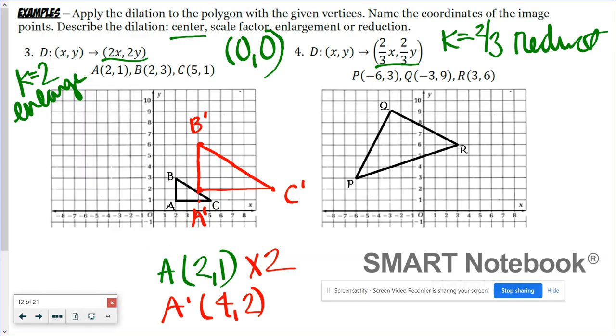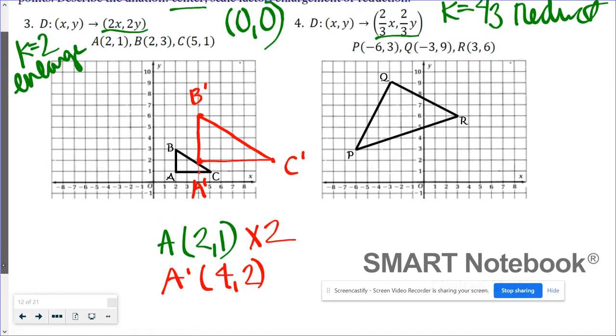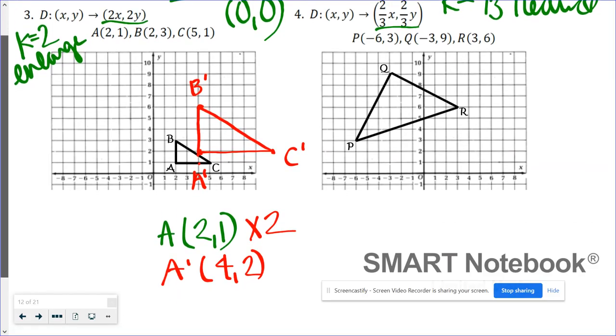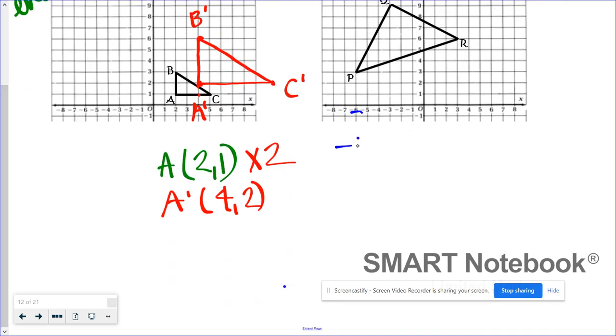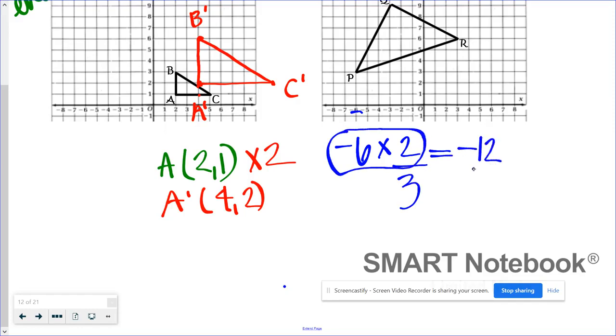Yep. Except now we're working with fractions. So I still want to do the same thing. I want to multiply the coordinates by the scale factor. So like in number 4, I want to take -6 and multiply it by 2/3. This is pretty easy to do. I just go directly across, so I could do it mentally. So I can go -6 times 2 is -12, divided by 3 is -4.